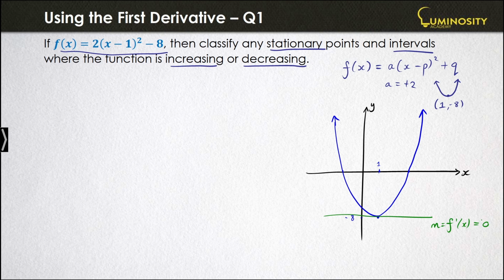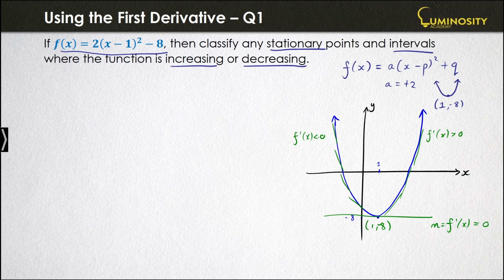On the interval to the right of the turning point (1, negative 8), the tangents are increasing in their gradients, and to the left of 1, the tangents are decreasing in their gradients. So it's most likely that the derivative on the right side will be positive, and on the left-hand side will be negative. But we'll do that algebraically using our differential calculus techniques.